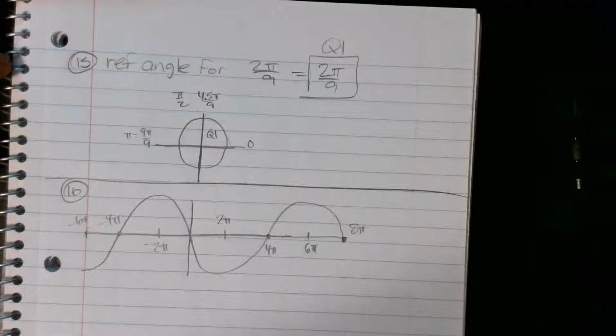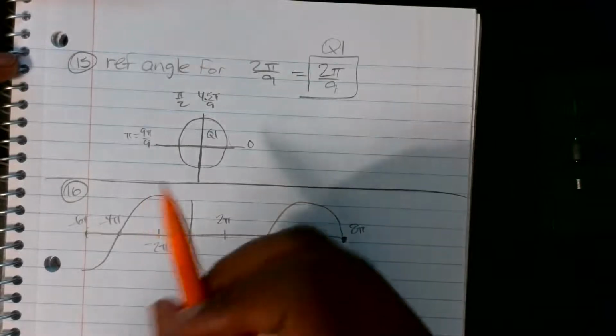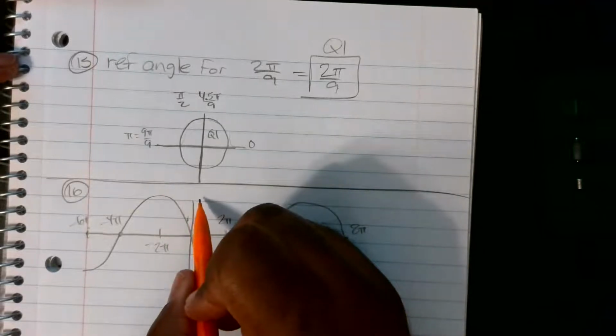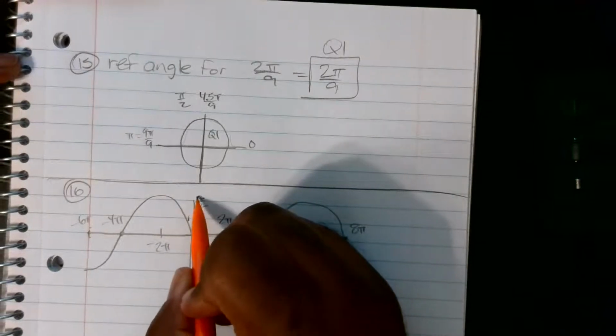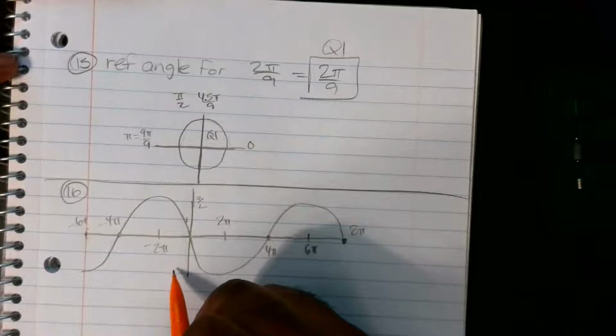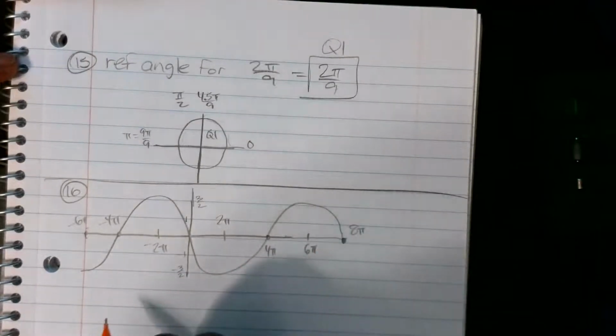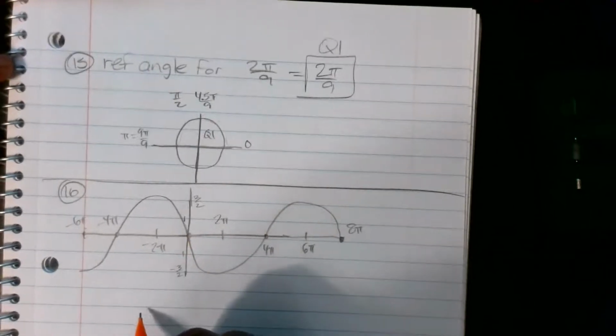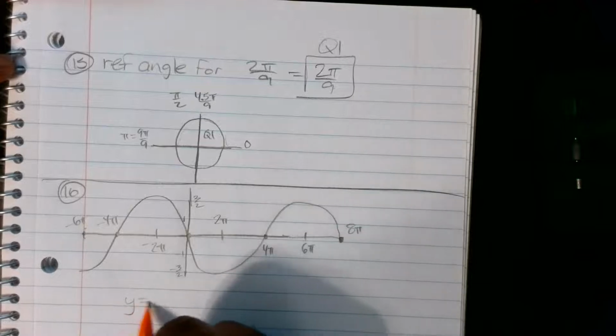So first, this is 1. This is 3 over 2. This is negative 1, negative 3 over 2. All right. So first, this starts at 0, where our function is going to be equal.